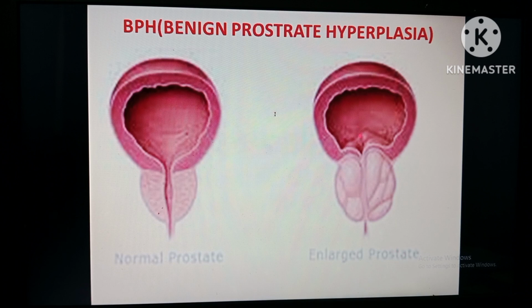So the urine abnormally collects in the bladder itself and it will injure it. Since it is stored inside, it may lead to UTI, urinary tract infection. So the urine cannot drain out, which leads to various lower urinary tract symptoms: urgency, frequency, UTI, hematuria and many other things.